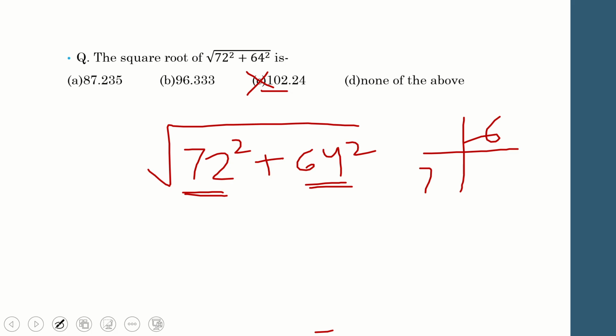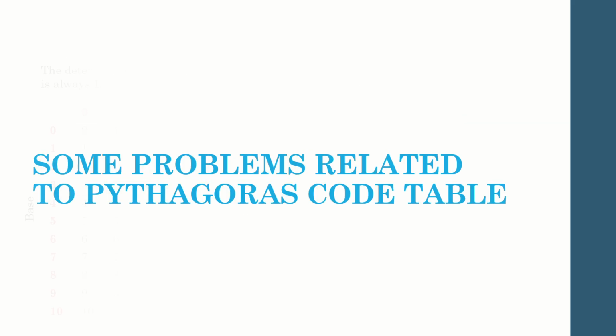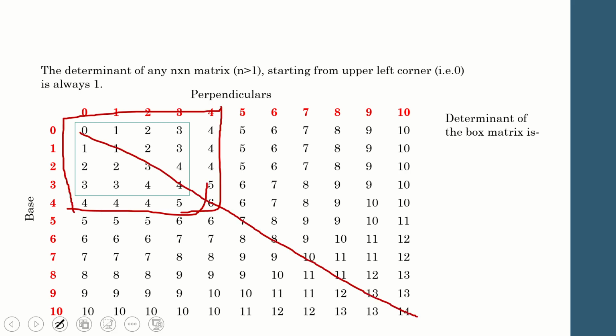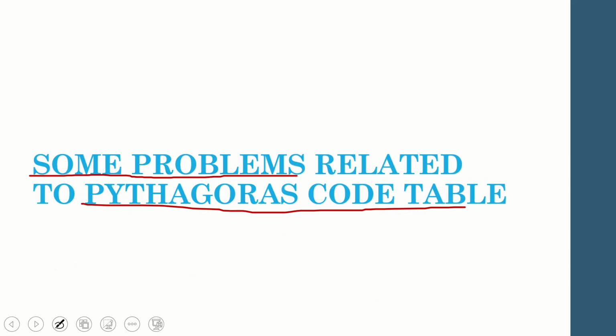Let's see the table. Here you have to go to the base at 7 and go to 6 as perpendicular. According to the Pythagoras code table the answer is 9.